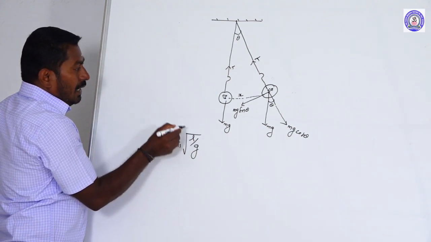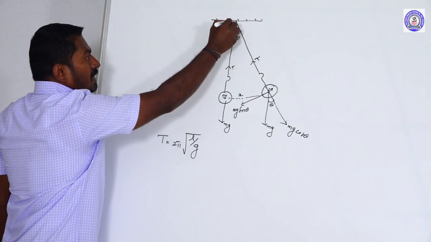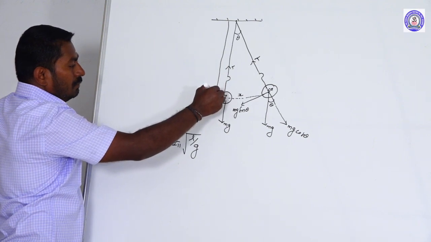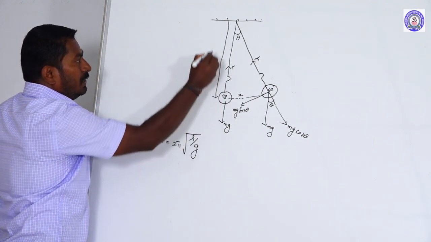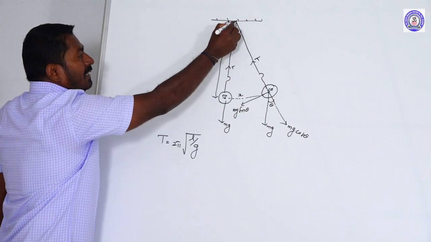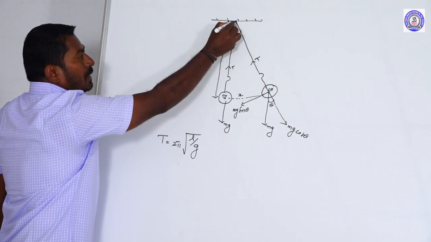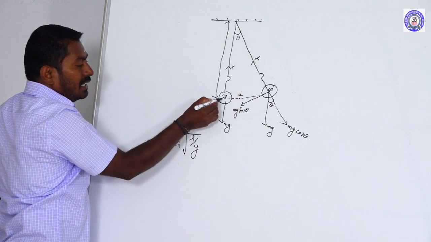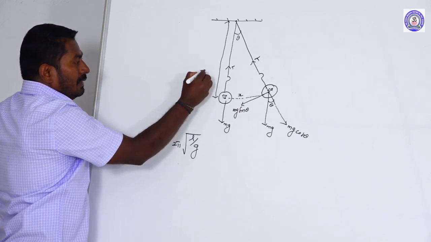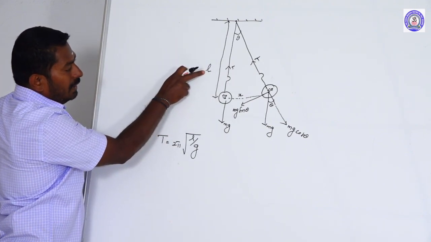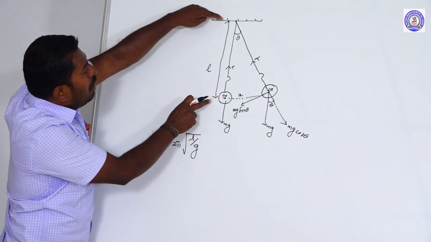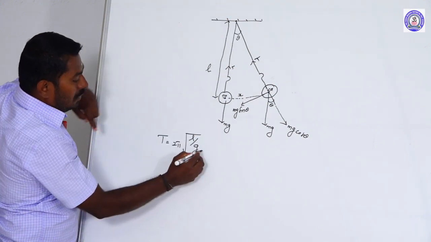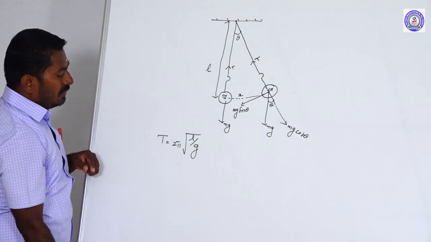Here L is the length of the simple pendulum, measured between the 2 points: the point where the string is suspended at the rigid support, and the point where the center of gravity of the metallic bar lies. The distance between the point of suspension and the center of gravity of the metallic bar is the length. g is the acceleration due to gravity.